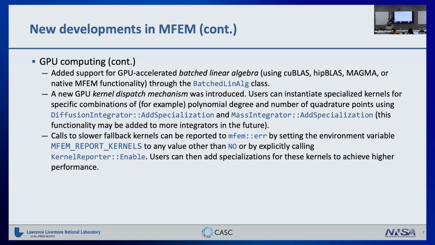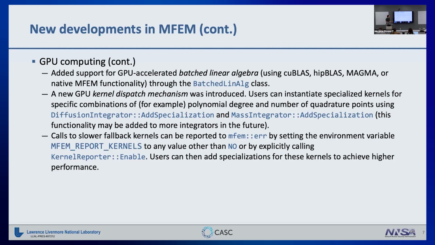But then if a user wants to use another, they can add a specialization and do that in their code, if it's not one of the previous. So this will speed up build time. It's a convenience thing. The code size is also going to be smaller.